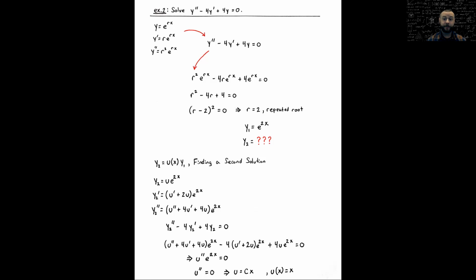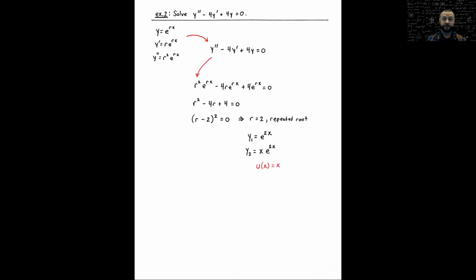At the end of this example, you would find u of x is just x. That gives us our second solution, y2, as x times e to the 2x. The function u that we would have solved for comes out to be just x.